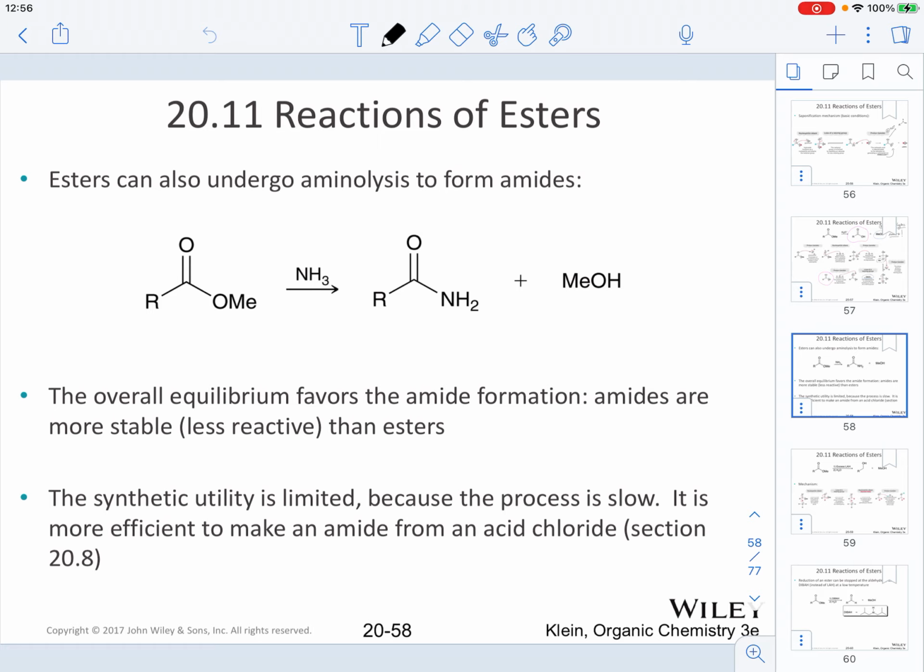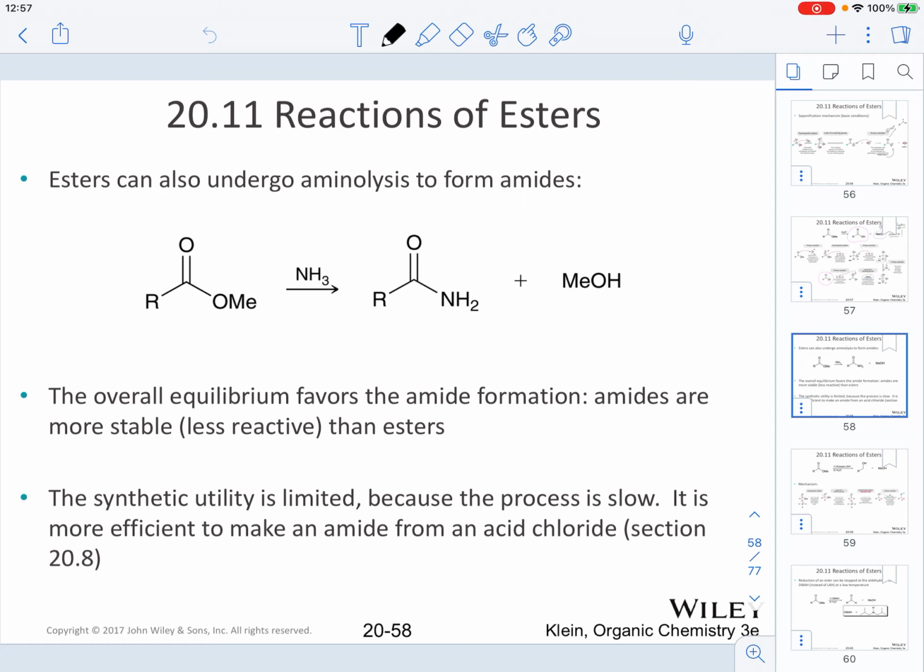Now, understand that the overall equilibrium of this reaction favors the formation of an amide, okay? But amides, remember that they are going to be more stable, aka less reactive than esters, so that's why that is favorable. Now, the synthetic utility of this reaction specifically, because the process is very slow, is limited.